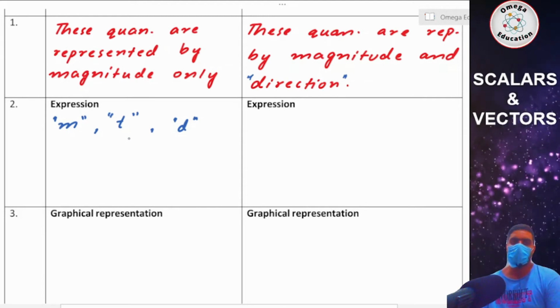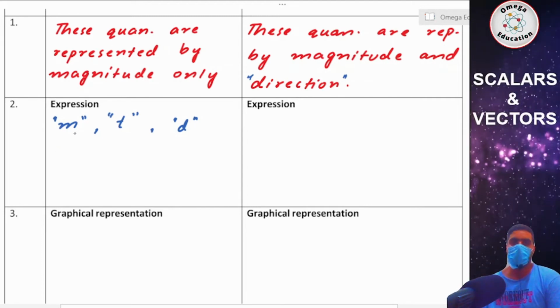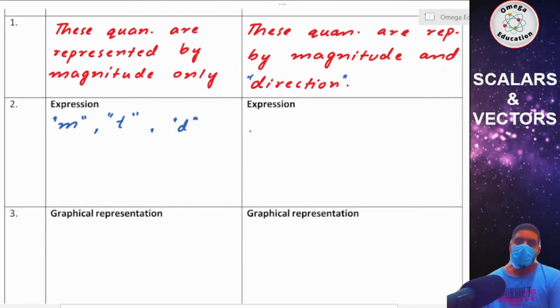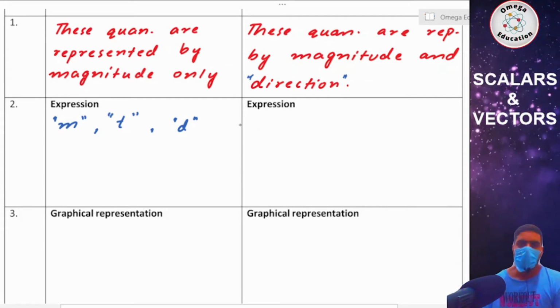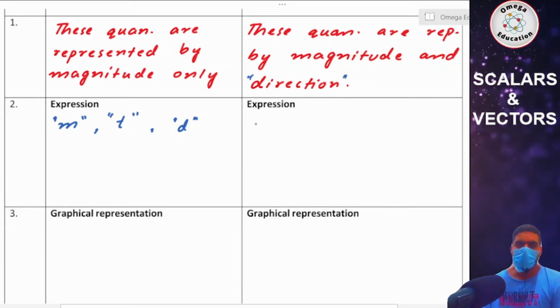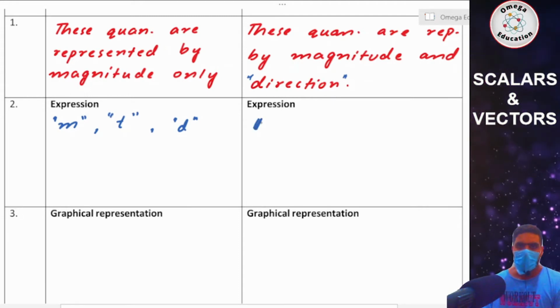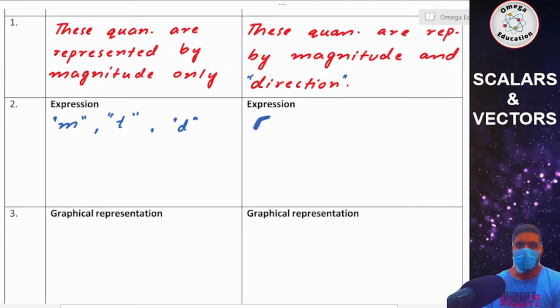Time, for instance, is represented by small t, mass represented by small m. For vector quantities, for example force, we generally represent them by bold alphabets.